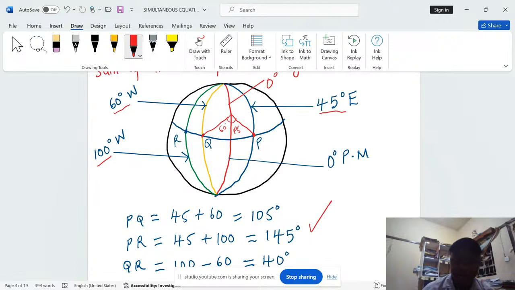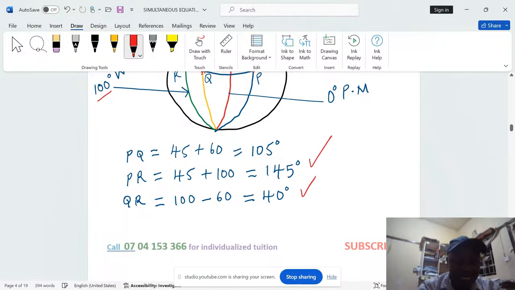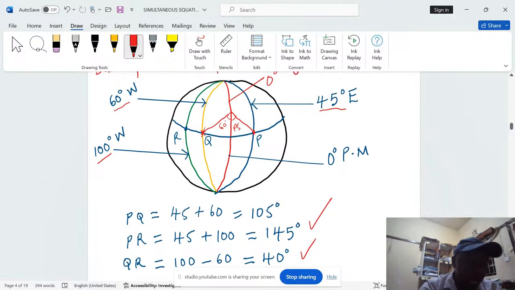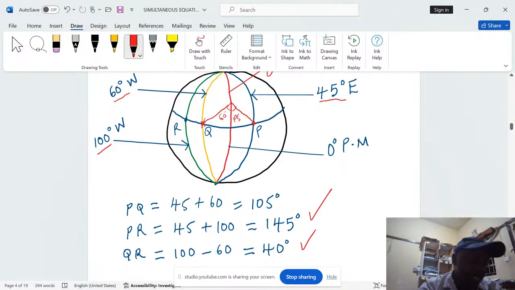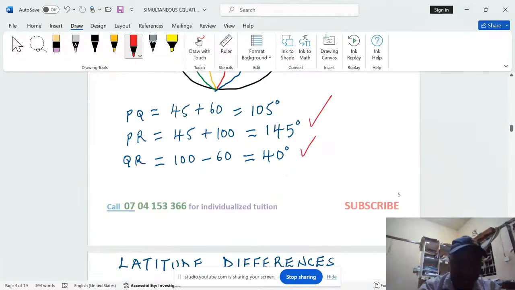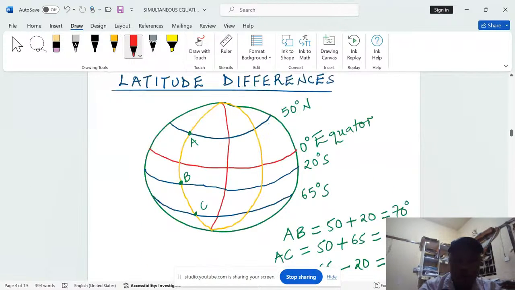Moving from 60 degrees in the west up to 100 degrees still to the west, the angle difference between such places will be 100 minus 60, and the angle difference between the two places will be exactly 40. Therefore, when places are on the same side, we subtract. When places are on opposite sides of the prime meridian, we usually add to get the angle difference. And the same will apply to latitude differences.